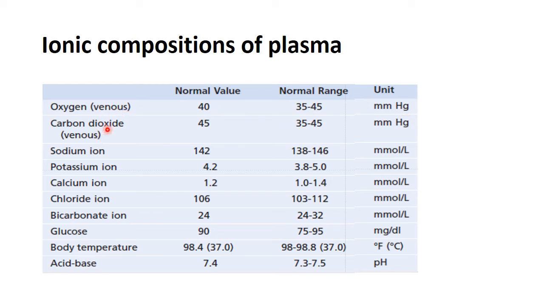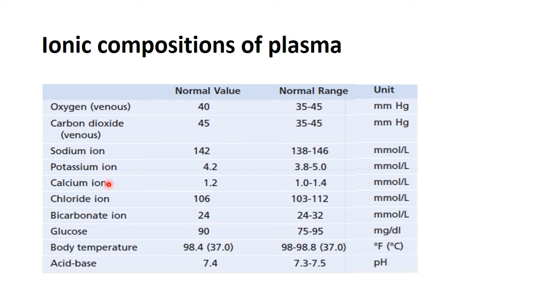In the venous blood, carbon dioxide is 45 millimeter mercury. Sodium ions 142, range is 138 to 146, a very narrow range, but more than the pH range. Units here are millimeter mercury and millimoles per liter.